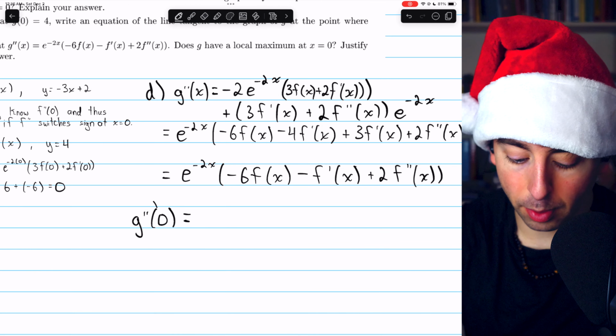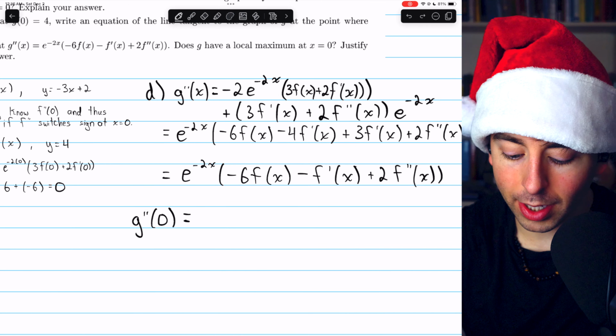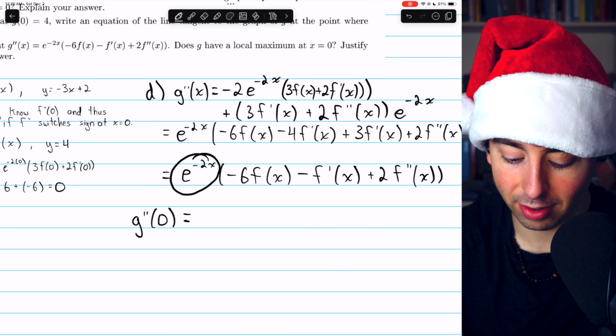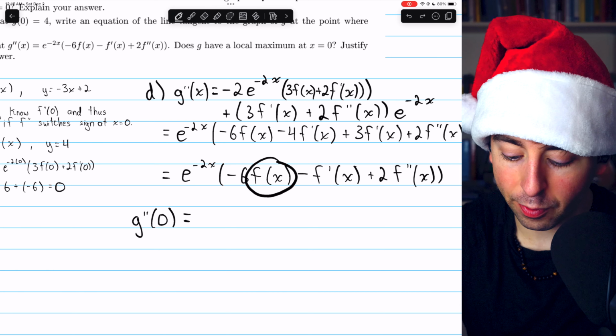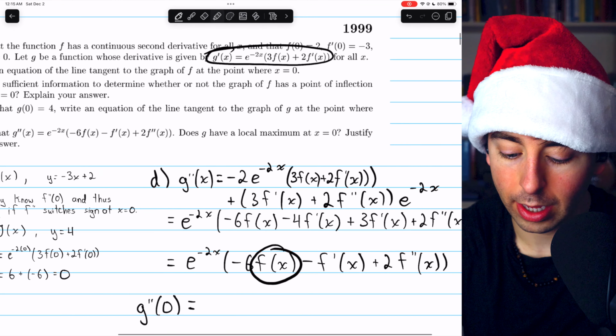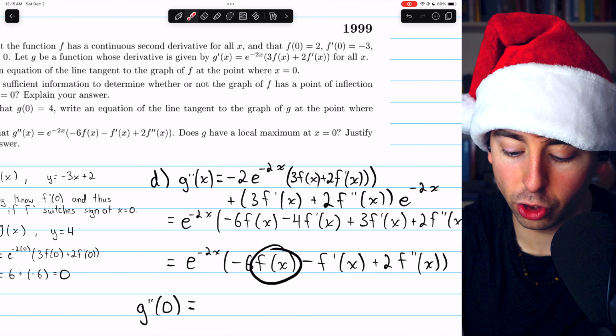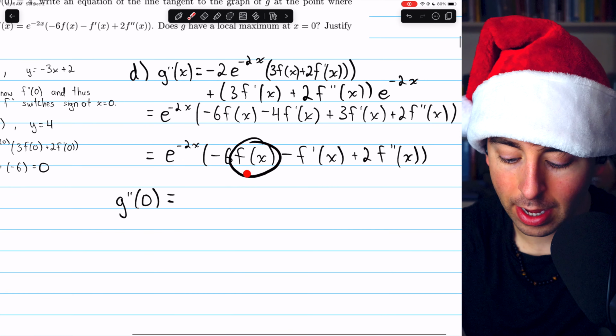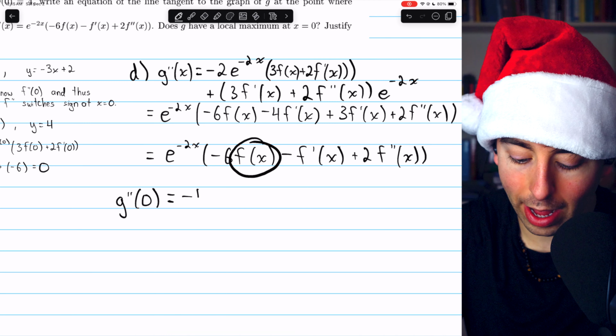What is g double prime of 0? Well, when we plug 0 into the exponential, that's just going to give us 1, so let's not worry about that. f of 0, we know, is equal to 2. So negative 6 times f of 0 is going to be negative 12.